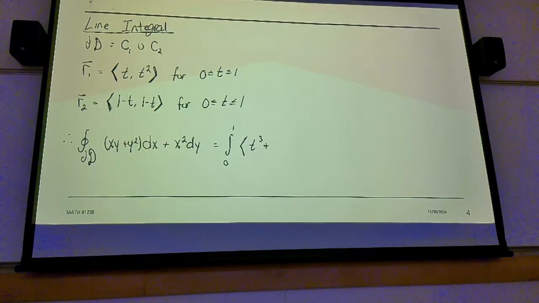That's the number that gets dotted with r prime, which is 1, 2, 2 dt.